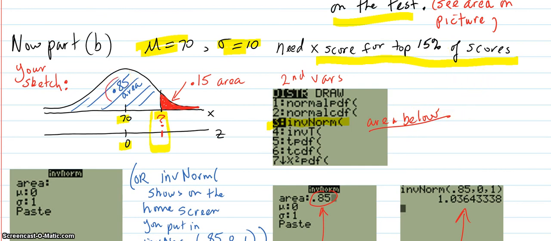So we're going to be putting in 0.85 because that's how much area is below the Z score we're looking for if 0.15 is above. It's just a 1 minus idea.